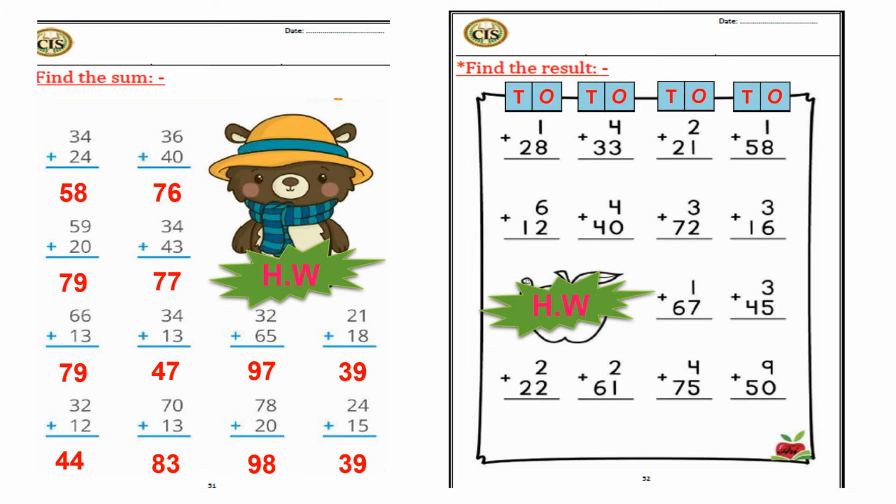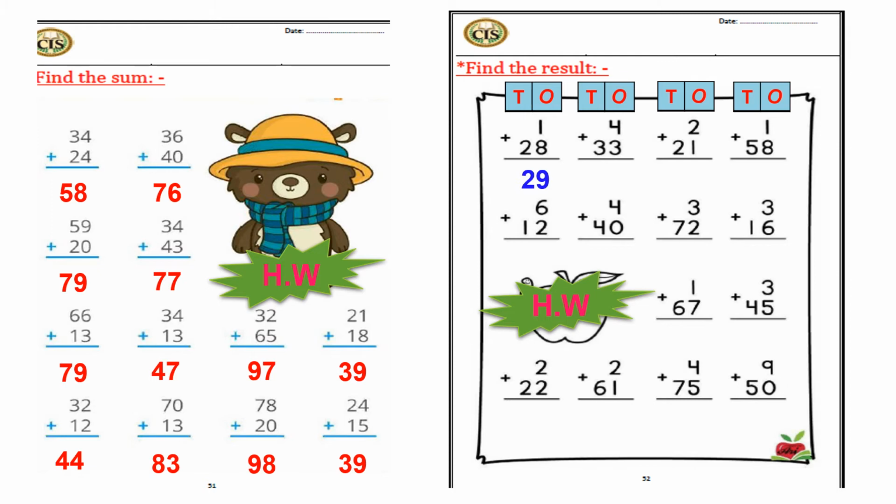Now page number 52. Find the result. We have here 1 plus 28. As we said before, the biggest number is 28. The smallest number is 1. So I will put 28 in my mind, 1 on my fingers, and count after 28, 29. 4 plus 33.